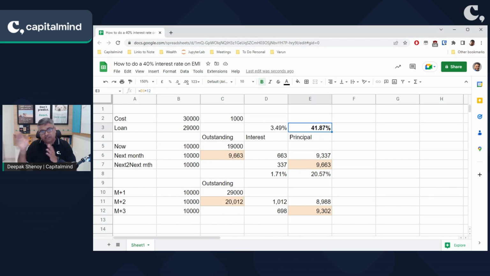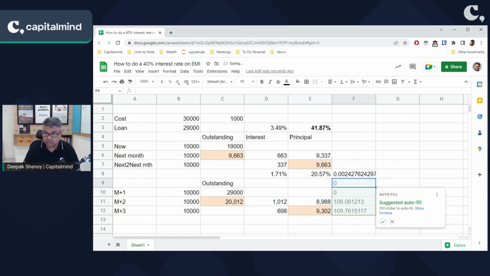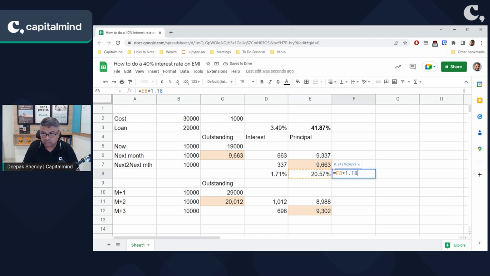So if I add the GST on the interest amount on top of this, your interest rate will look like this much into 1.18. So that's about 25%. It's still quite high. It's not as much as 40, but the idea is that I was showing you how that little 1,000 rupees actually becomes 41,000. I'm not doing the other calculation; it'll be too long, but it's the same thing.